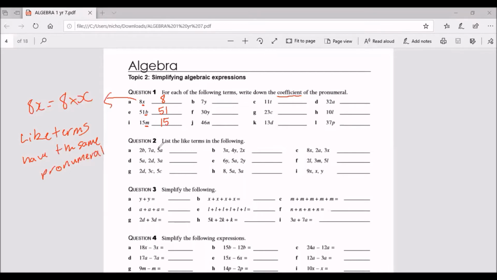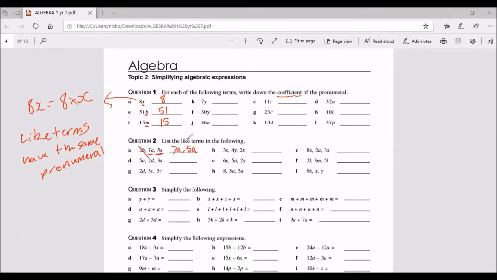So here my pronumeral is B because it's 2 times B. Here my pronumeral is A because it's 7 times A, and here it's A again because it's 5 times A. So now this has a pronumeral A and so does this. So they're like terms. But this 2B has a pronumeral of B, so we don't want it. So we're going to write 2A and 5A.